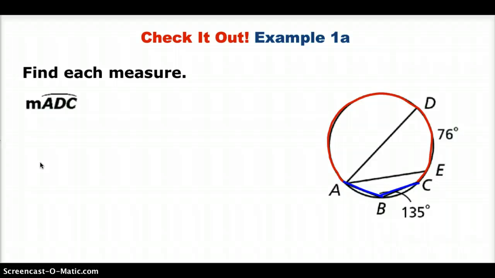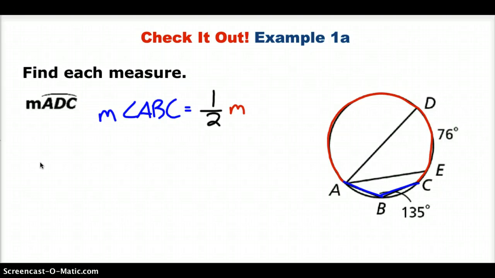The measure of angle ABC is 135 degrees. So I'm going to write the measure of angle ABC is equal to 1/2 multiplied by the measure of that intercepted arc, the measure of arc ADC.